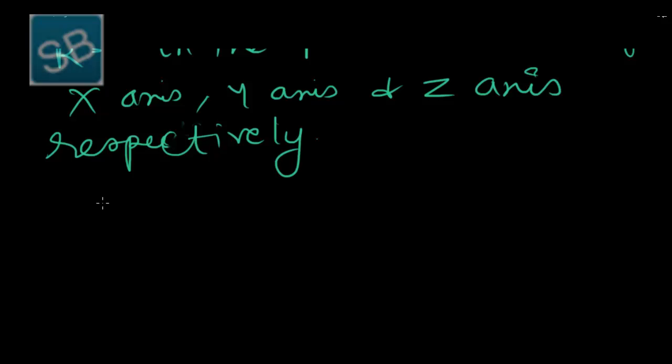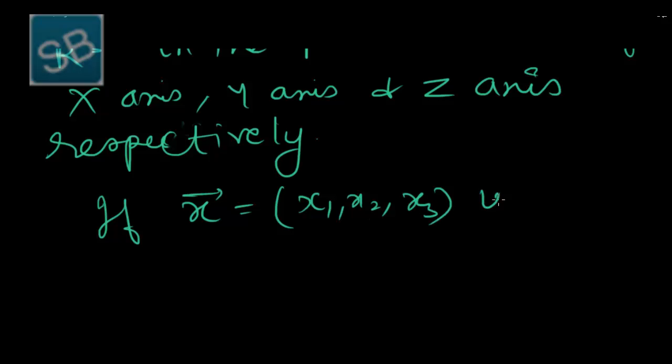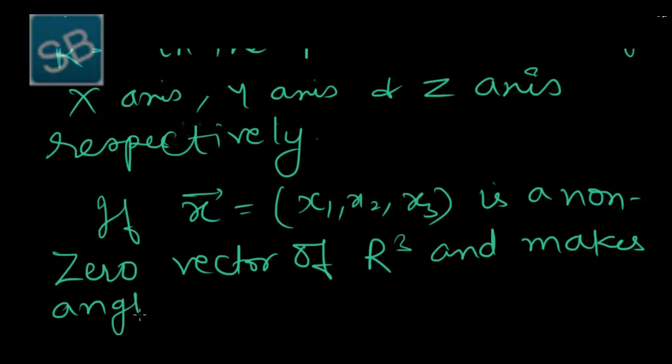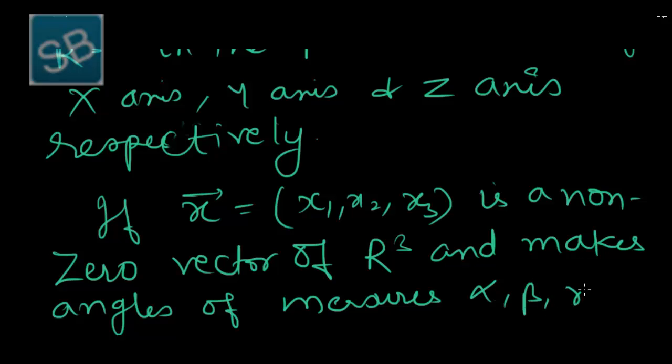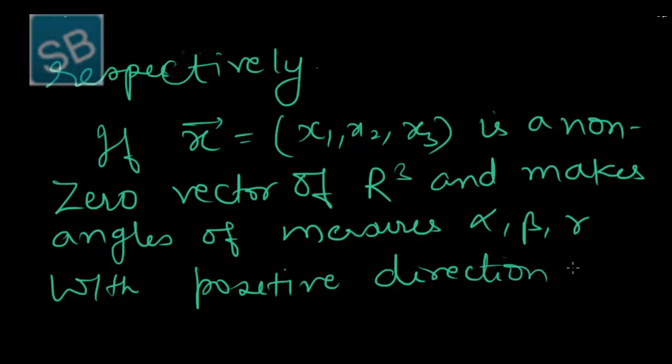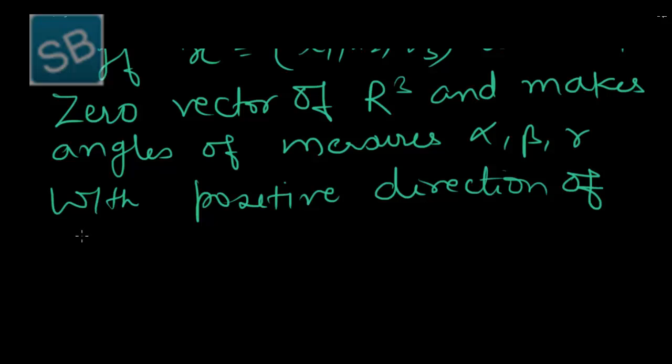If vector x with components x1, x2 and x3 is a non-zero vector of R3, that means at least one component of x is non-zero, and it makes angles of measure alpha, beta, gamma with the positive direction of x, y and z axis respectively.